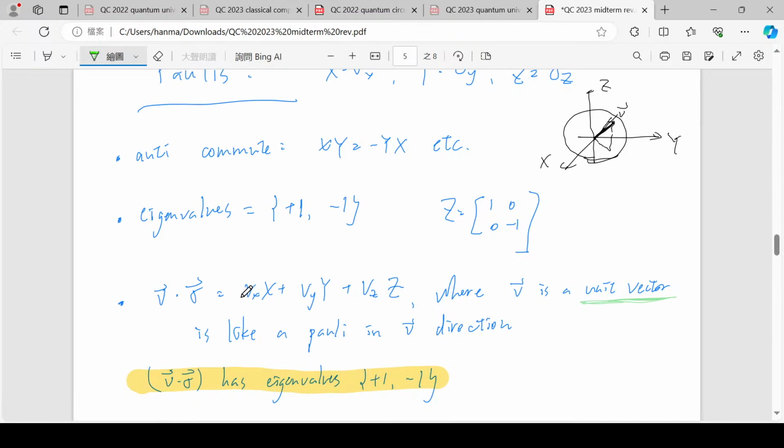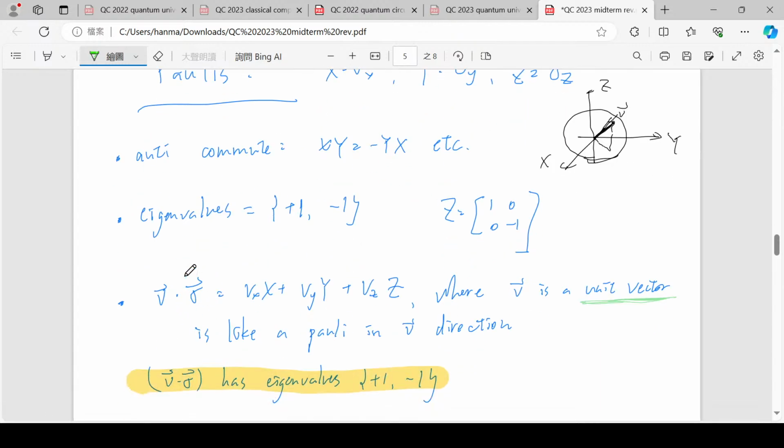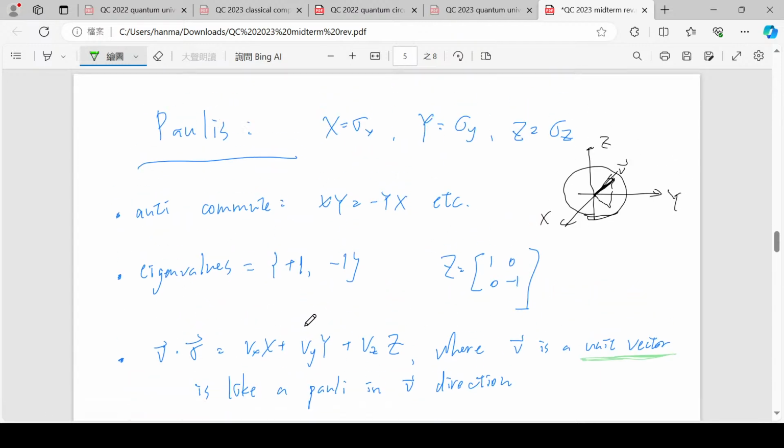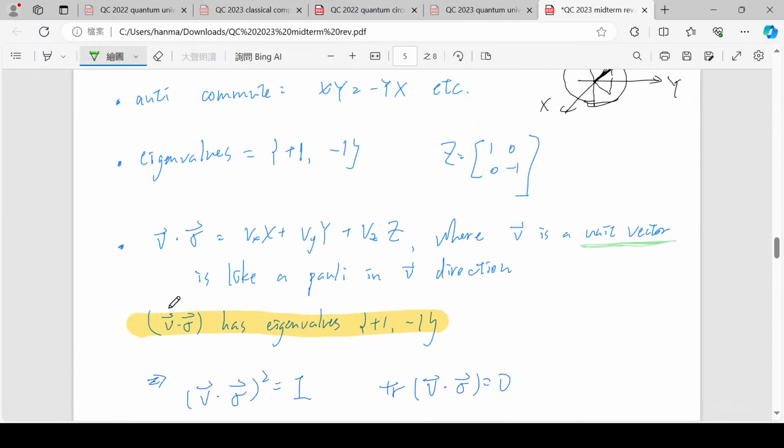And then think about this interesting matrix, v inner product with the sigma vector, which means you have Vx times sigma x plus Vy times sigma y plus Vz times sigma z. You prove in your homework that for every unit vector v, this v dot sigma is kind of like a Pauli.